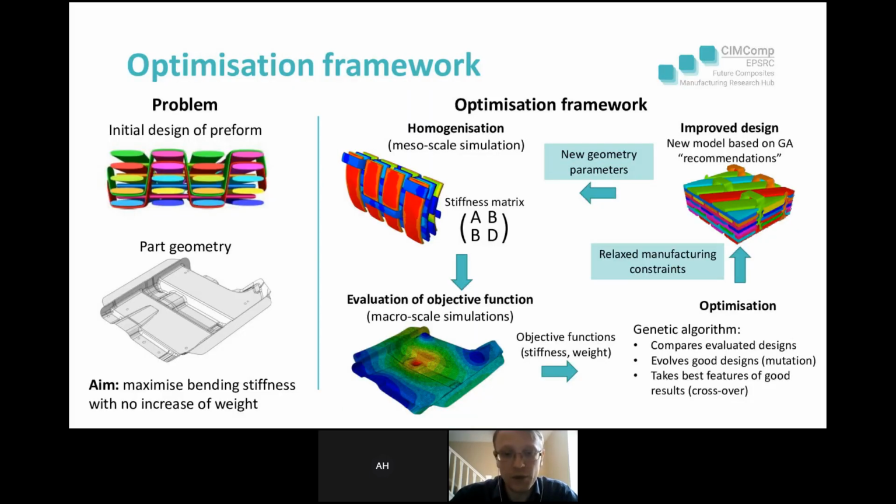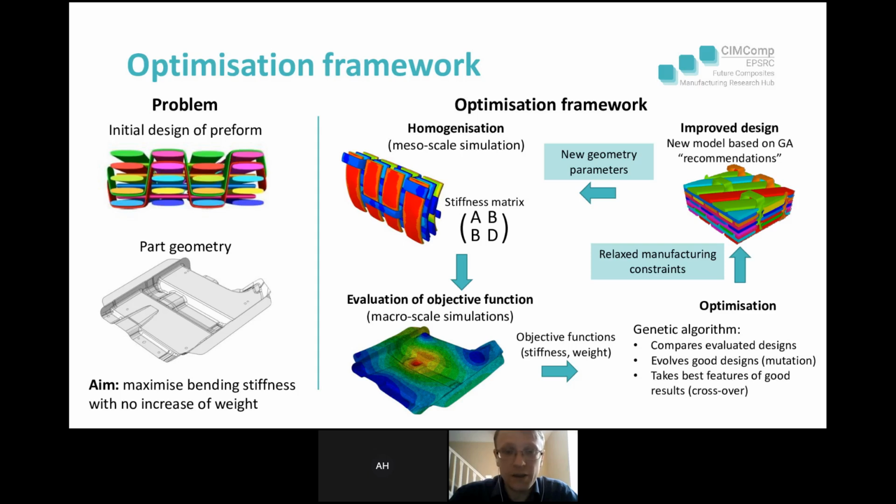An important point here is that we do not limit ourselves to conventional architectures. We do not optimize only, say, orthogonal weaves or angle interlock weaves. We relax the manufacturing constraints and we consider off-axis yarn orientations and different weave patterns, and weave patterns which are not necessarily available from commercial suppliers.